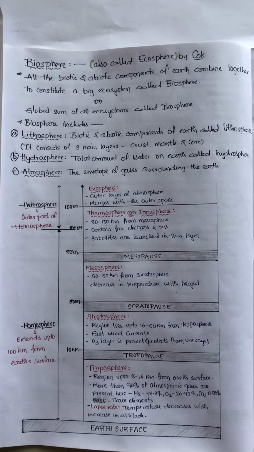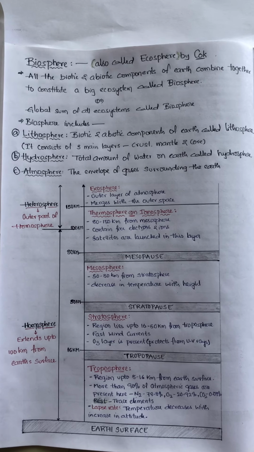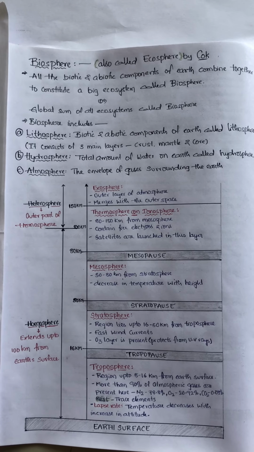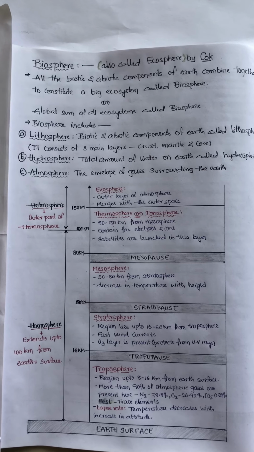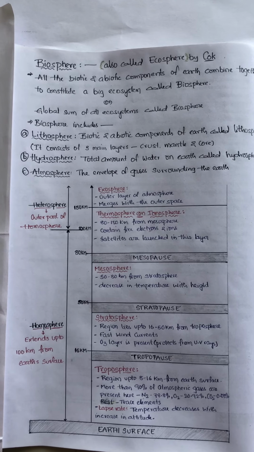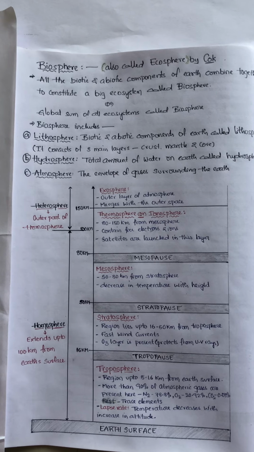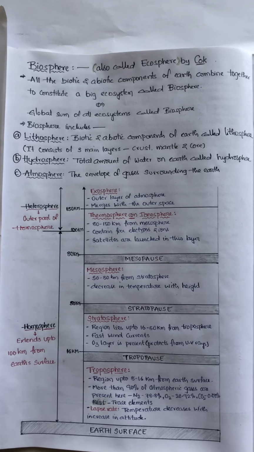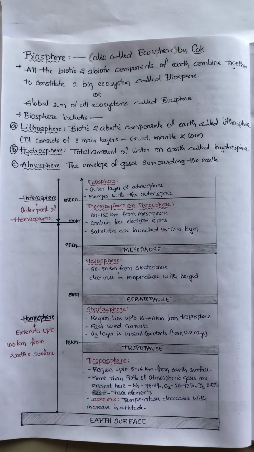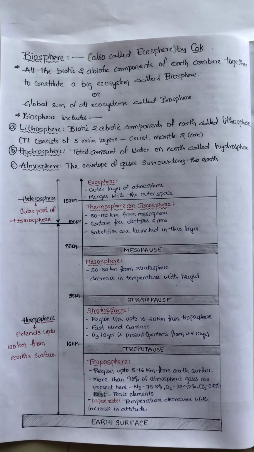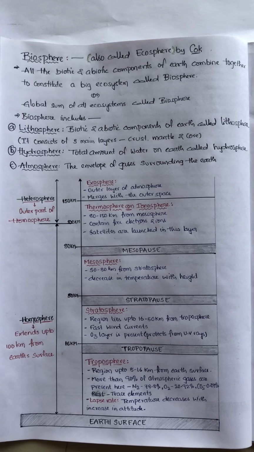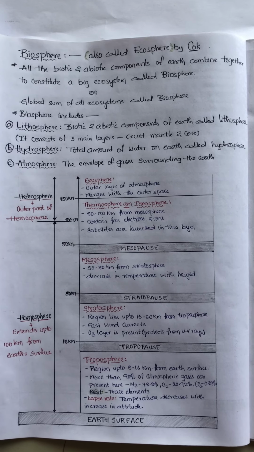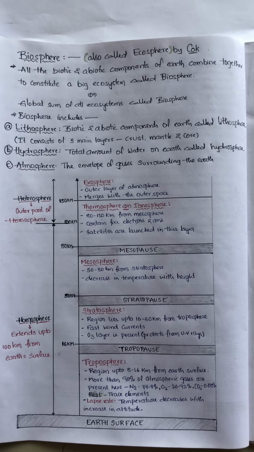Ozone layer means the sun propagates light, but not all the light comes to the earth. The light ranging from 400 to 750 wavelength only can be received by the earth. All the remaining light is reflected, and ozone is the layer which reflects the remaining wavelengths of light. While explaining photosynthesis, I explained this very clearly.